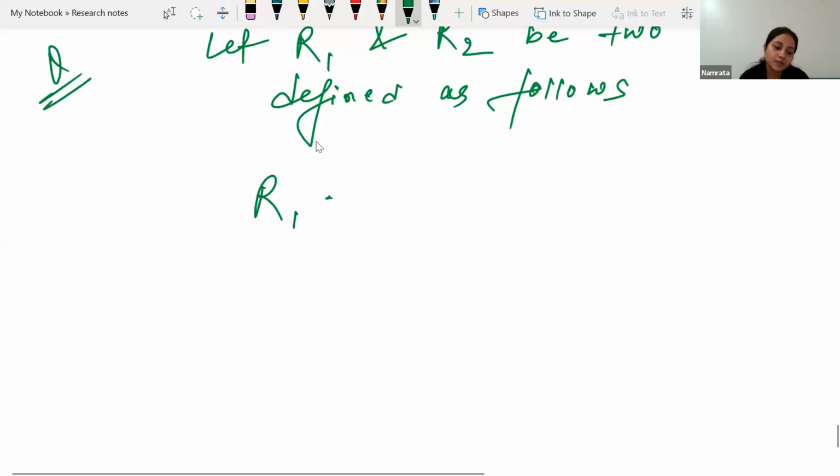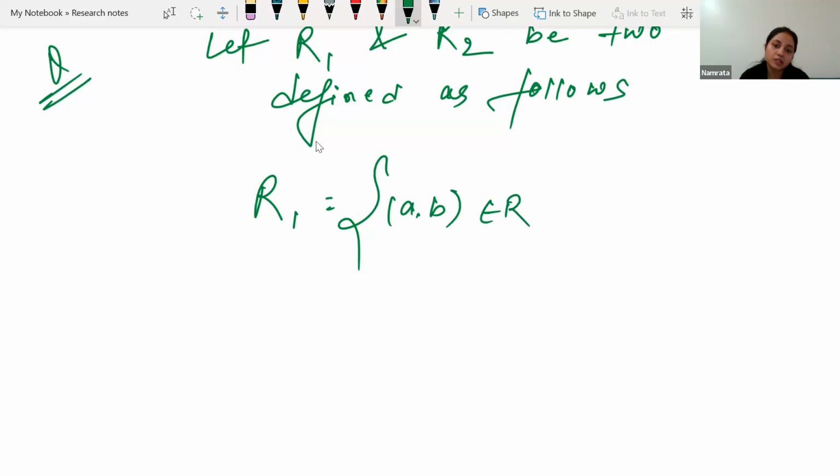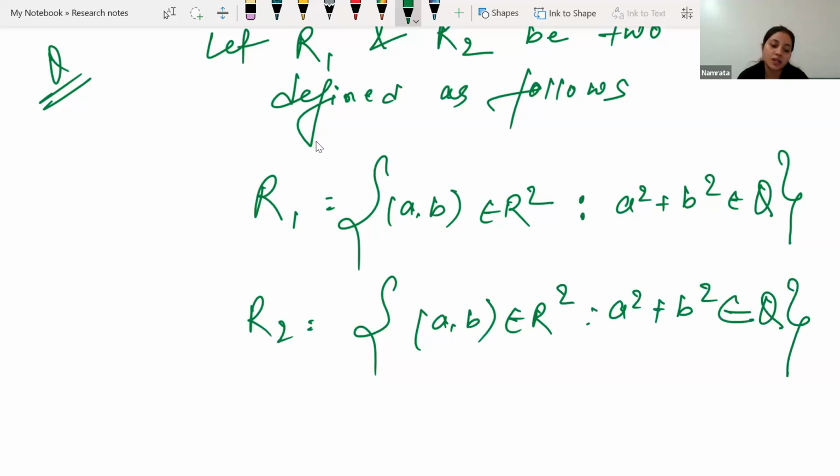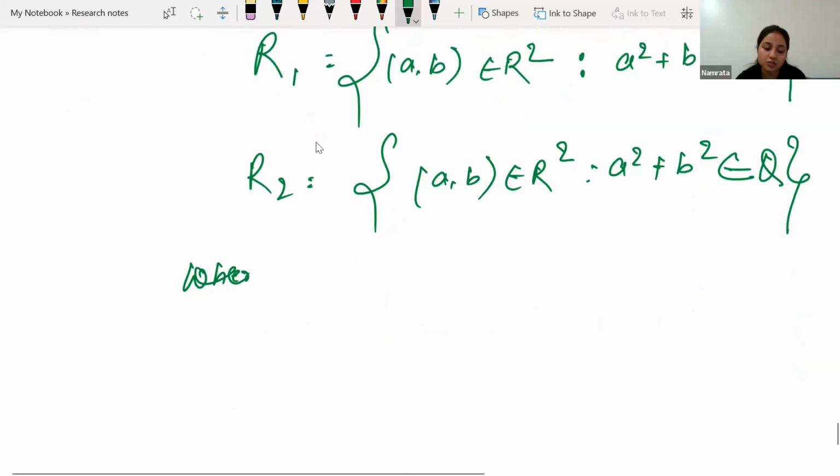R1 is given as the set of all (a, b) belonging to real numbers, such that a square plus b square belongs to Q, that means rational number. R2 is equal to the set of all (a, b) belonging to R square, such that a square plus b square doesn't belong to rational number, that means irrational number, where Q is the set of rational numbers.